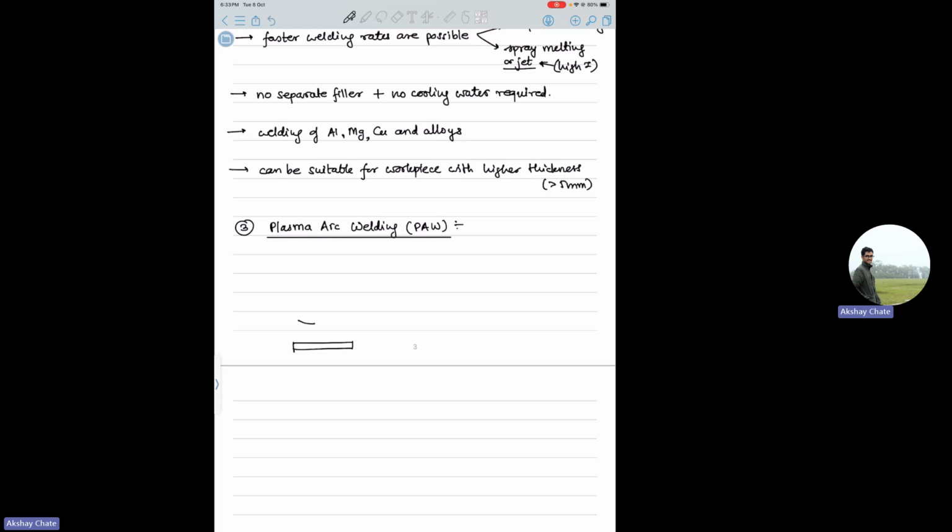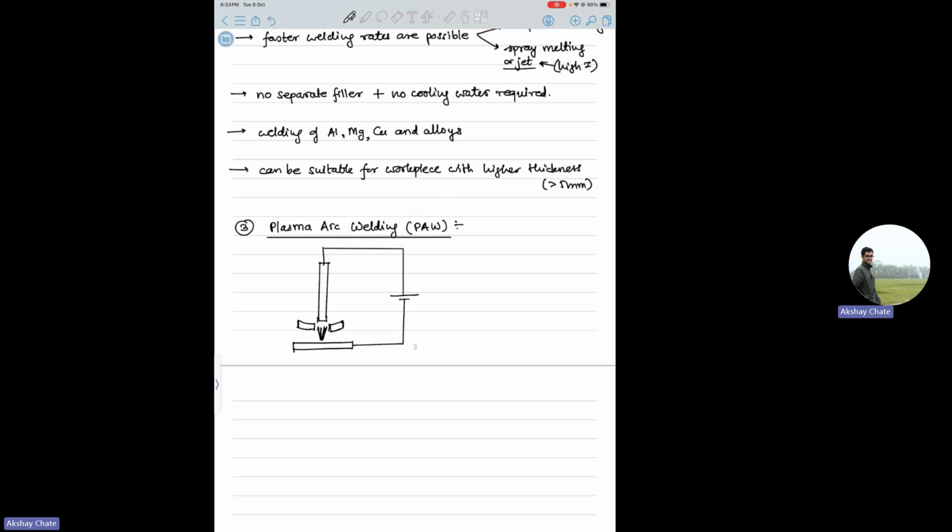Okay. So here you will have some arrangement like this. Here you will have your plasma arc, and on top of that you have this tungsten electrode. Here also it is a non-consumable tungsten electrode. Okay, like this, and this circuit is as usual. But here you don't just put inert gas and do electric arc welding like we saw previously.